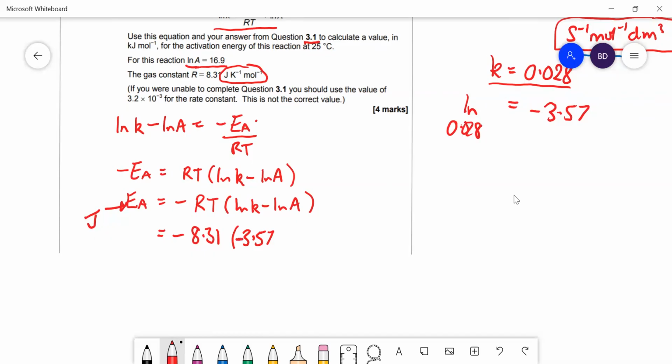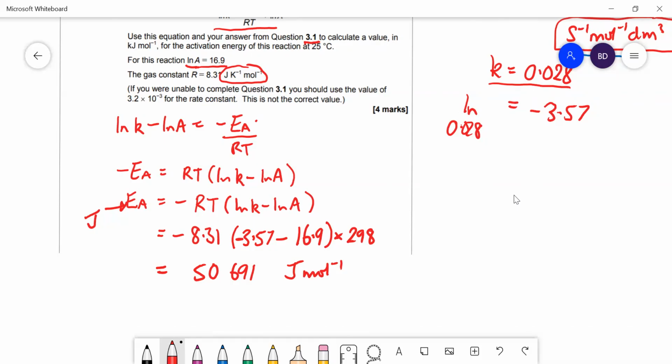Minus 3.57, sorry, that's important, minus 16.9 multiplied by the temperature, which is 298 Kelvin, it's 25 degrees C. If you work that lot out, you get 50,691 joules per mole, and let's convert that into kilojoules.